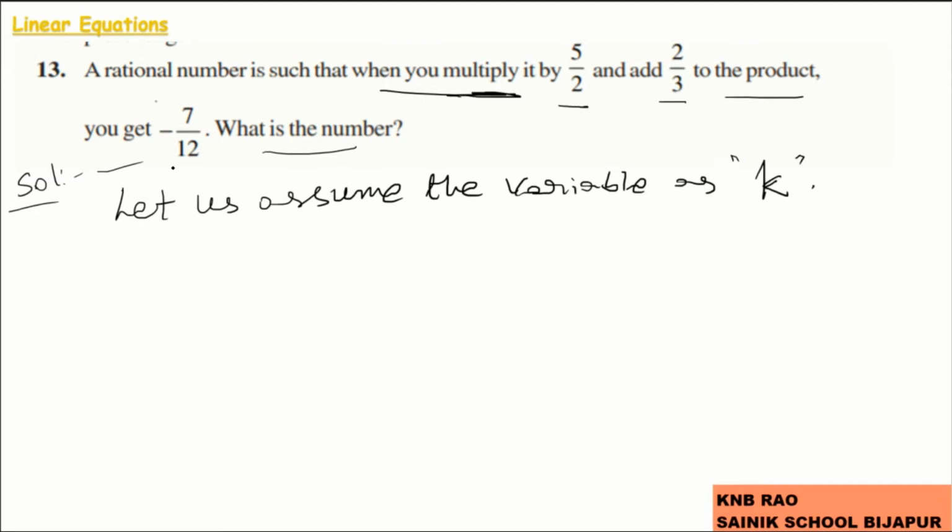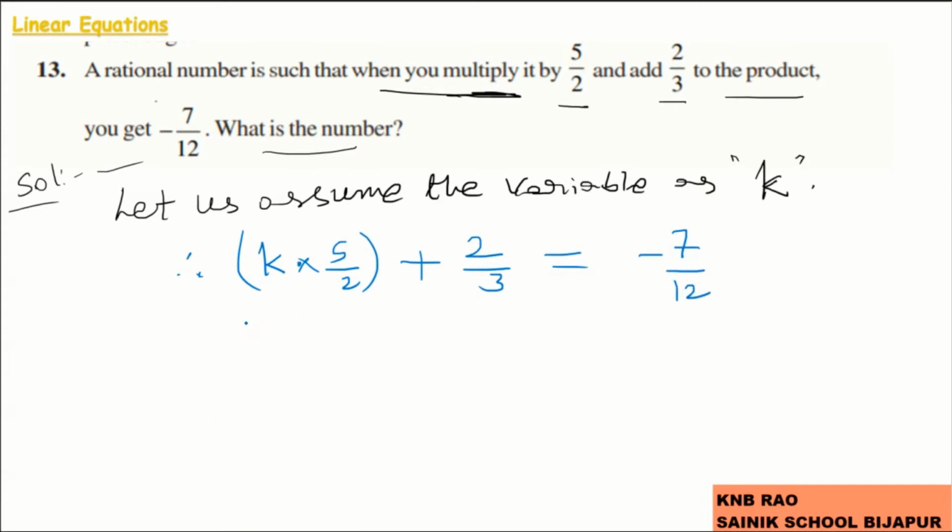Now when this variable k is multiplied by 5 by 2, the product k into 5 by 2, and when this product is added to 2 by 3, gives you minus 7 by 12. So this is the equation that they have asked us to form first.